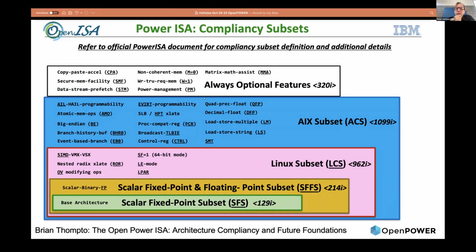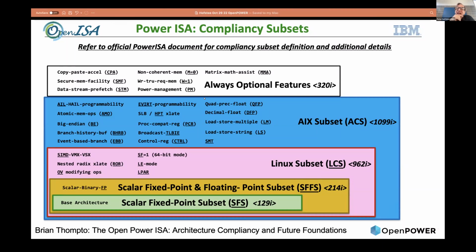So if we go to the AIX subset, there are some things in there that you probably would associate with business computing, like decimal float, but also some things that have to do with maybe more HPC type functionality.